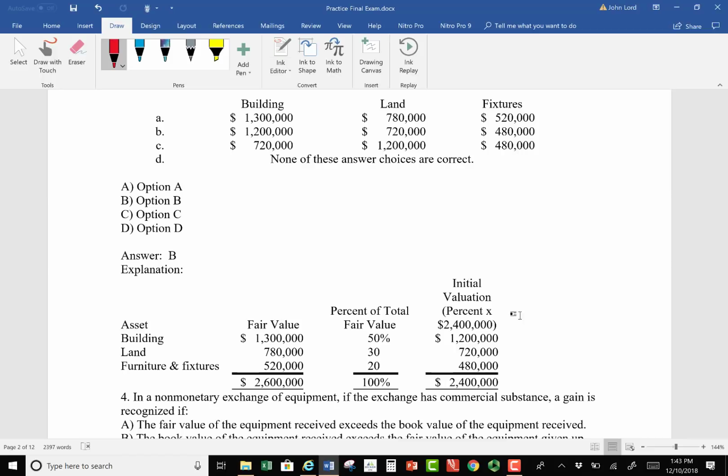That gives you a total, and then you figure out what percentage each one of those constitutes of that total. For example, 1.3 divided by 2.6, the building constitutes 50%, right? Then you take that total purchase price and you allocate it based on the relative percentages, and that's what gave you the correct answer here, which I guess was B.